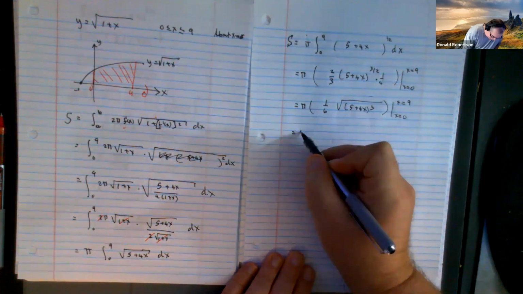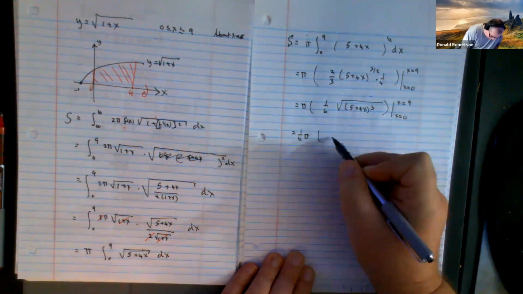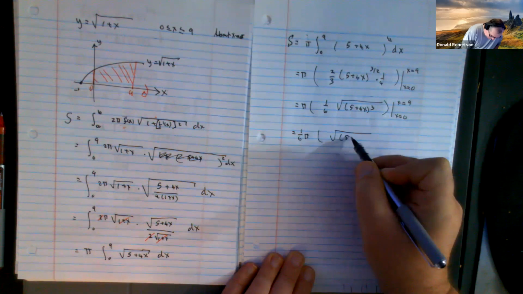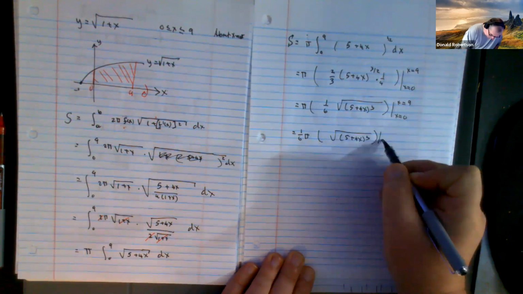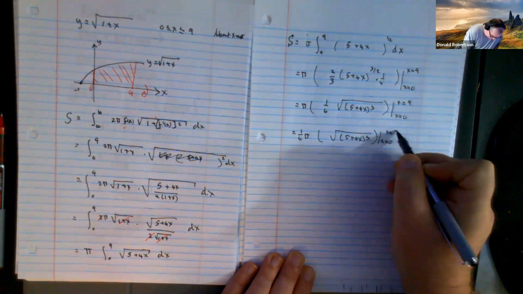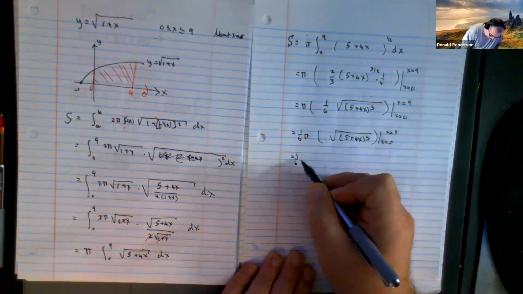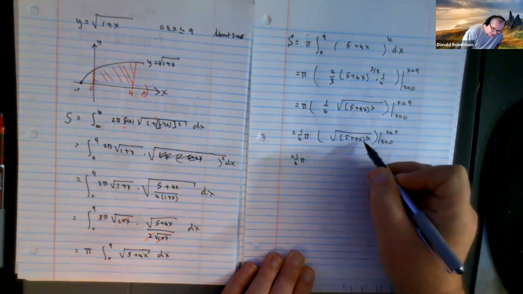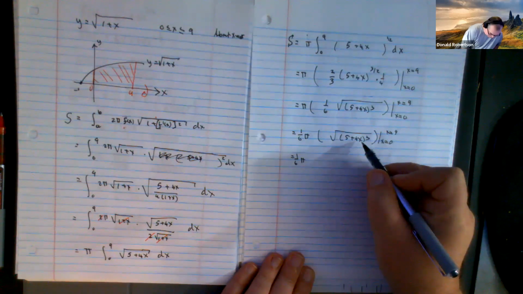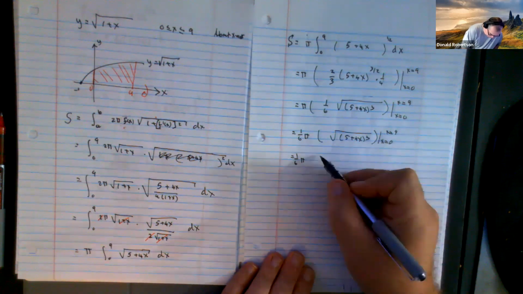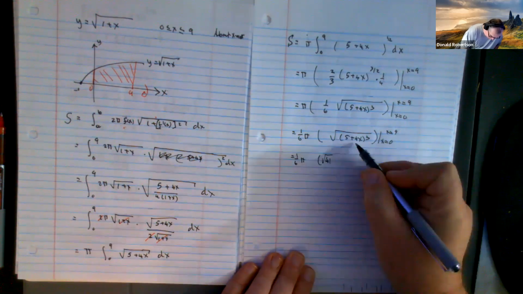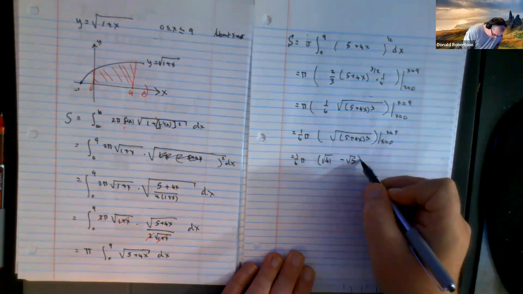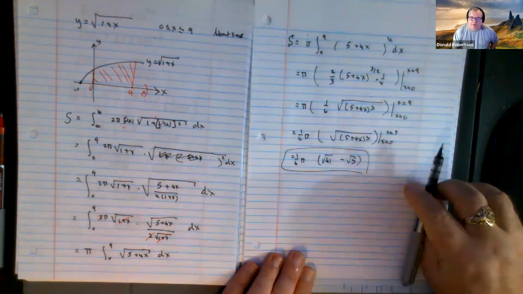I would probably pull out that 1/6 as well while we're at it. Let's see what we get. If you plug in 9, you get 36, and 36 add 5 is 41. Square root. And if you put in 0, you get that. I don't think you can make that look pretty, so you're finished.